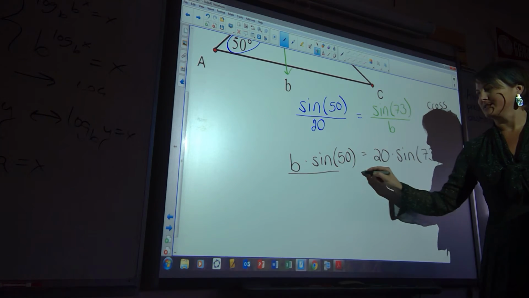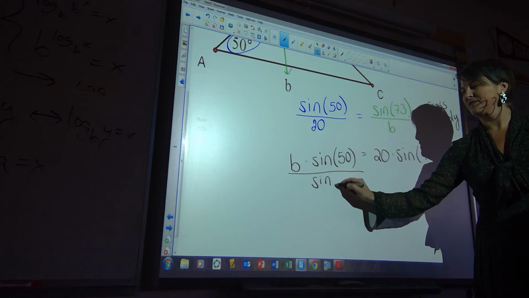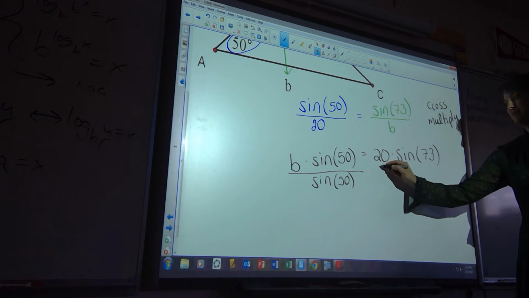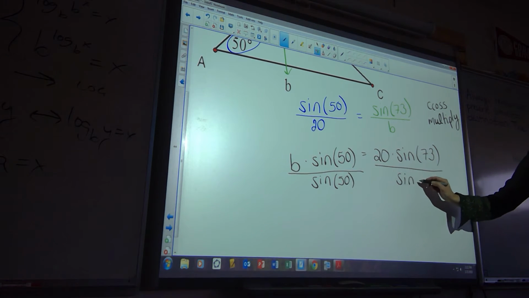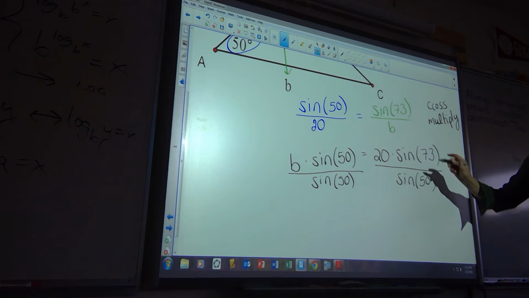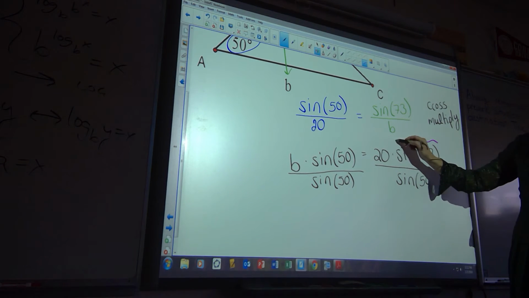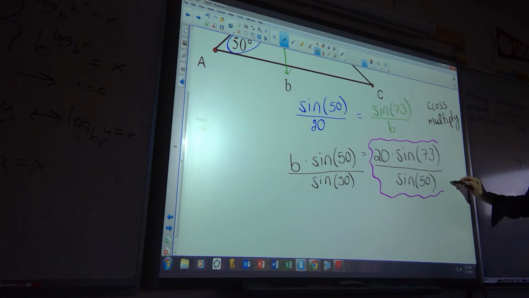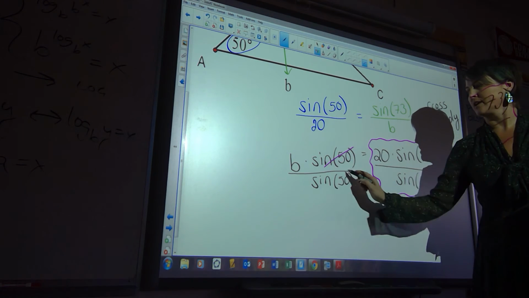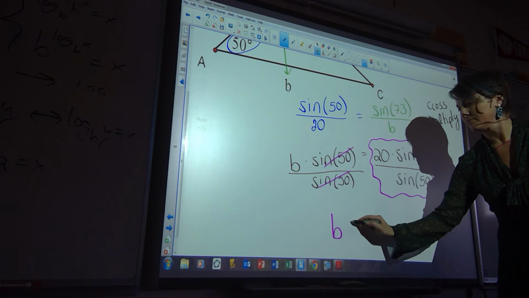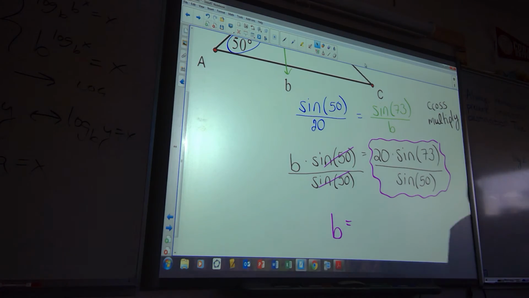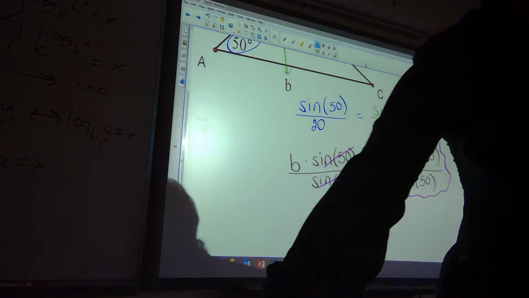And then to get b by itself, we would divide by sine of 50. Hopefully it's easy enough to put this in your calculator in one step, because those are going to cancel out. So try that out. We can compare what we get.